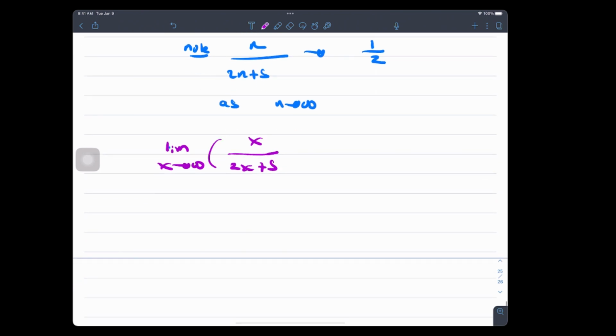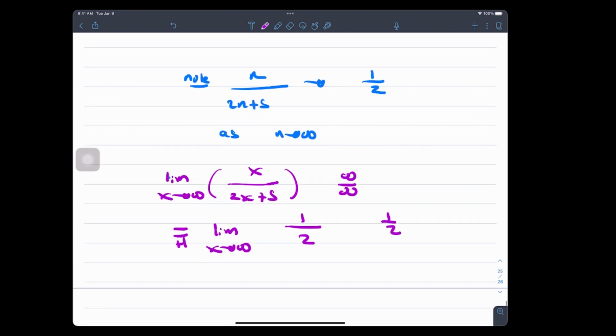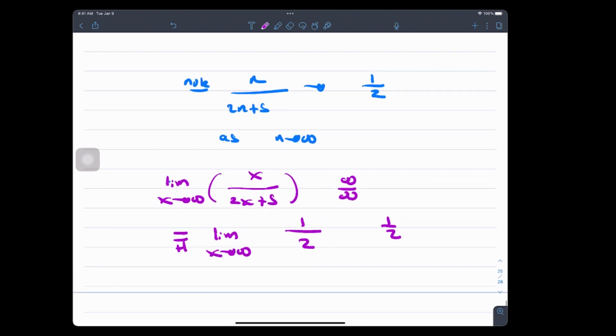I could actually use calculus 2. Infinity over infinity. What's this? L'Hopital's rule. Derivative of x is 1. Derivative of 2x plus 5 is 2. Limit of a constant, isn't that 1/2? So this is by calculus 2.